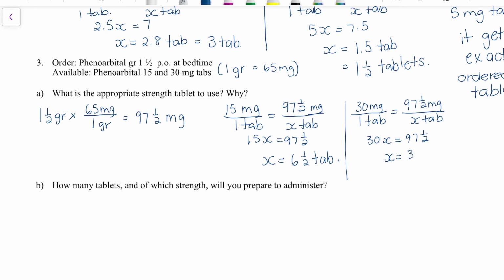It is 3.25, which we'd have to round to 3 tablets. Okay, so of these two, so far it looks like the 30 milligram tablet is the better option.